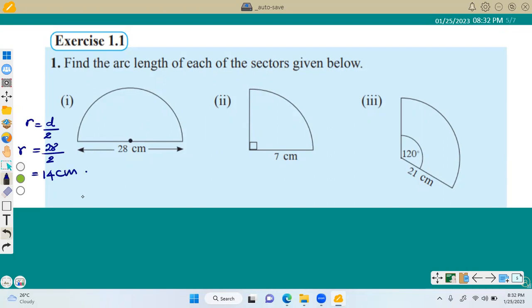Okay. Now let's find the arc length of this semicircle. It is equal to half into 2πr. Why didn't I apply the formula theta upon 360? Actually, it is a long one. Here it is a semicircle. We know it is half of the circle, so it is half times 2πr.